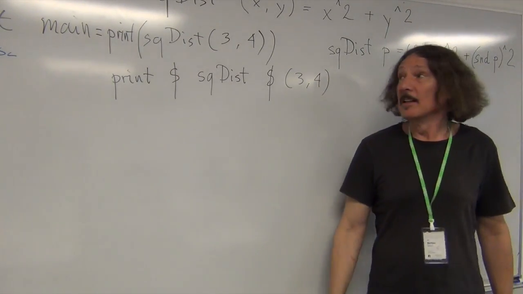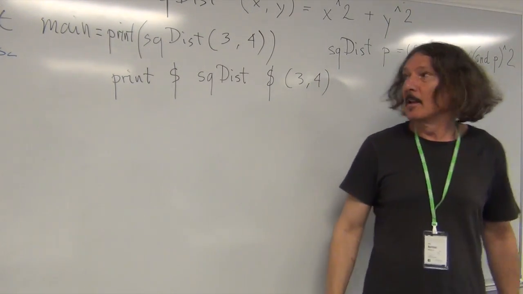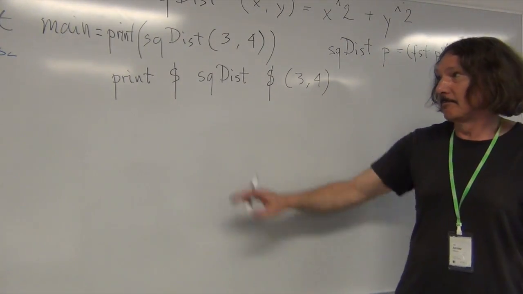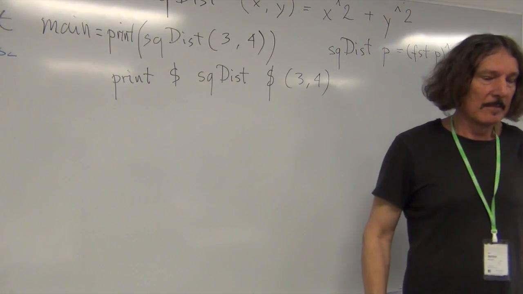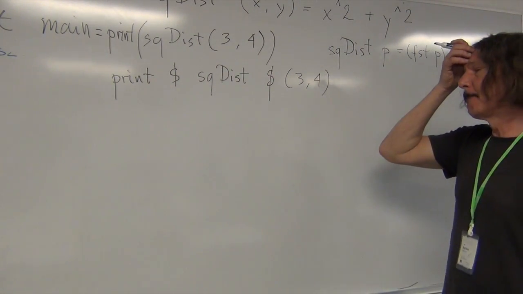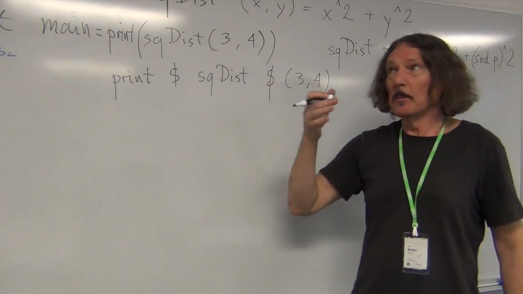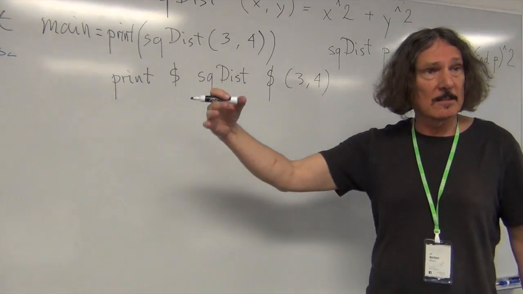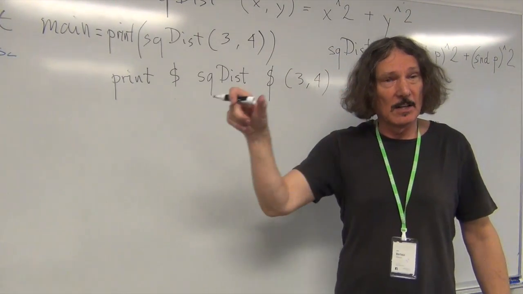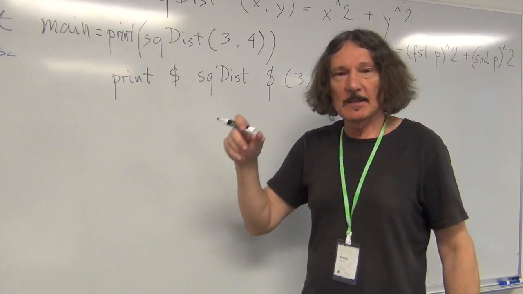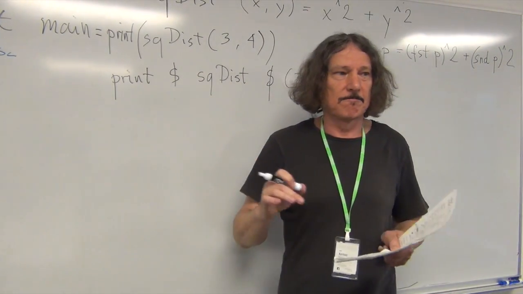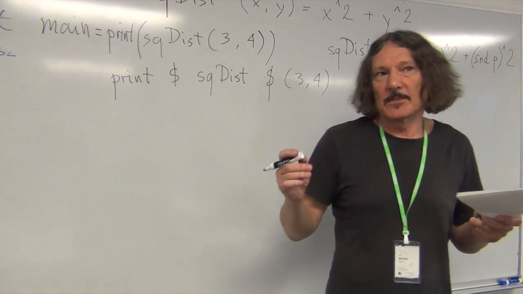It's the same thing, except that now we are using a $ sign. It's an operator. And you remember when we were talking about the syntax of functions that the space between the function name and the arguments can be thought of as an operator.